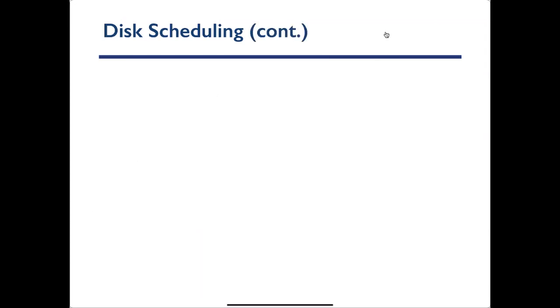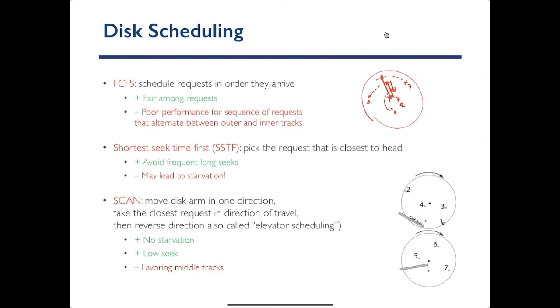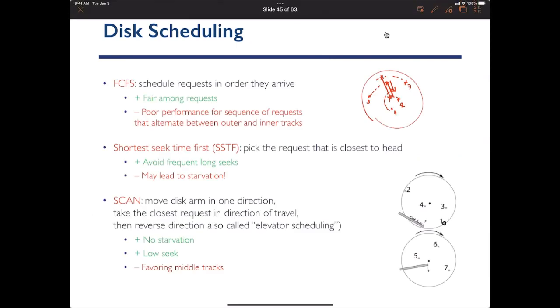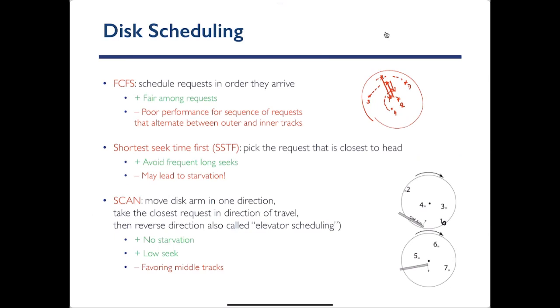So looking at this figure, we first do the first one because it's in the outer track. Then we move on to number 2, then number 3, and finally number 4. And then on our way back, we do 5, we do 6, and then at the end we do number 7 as the arm is going back.